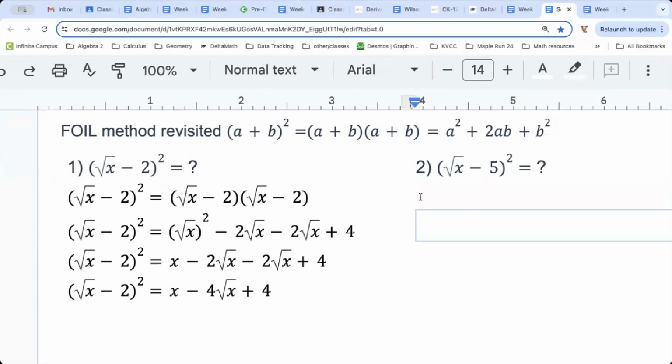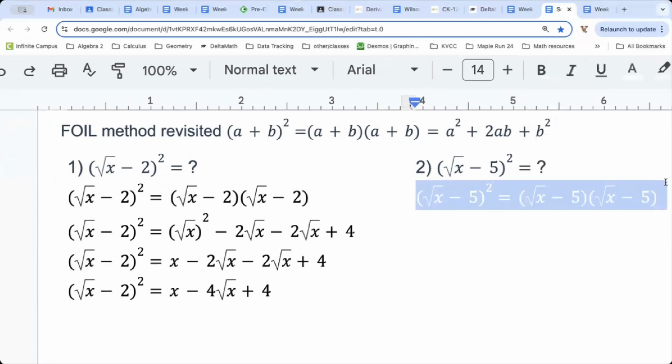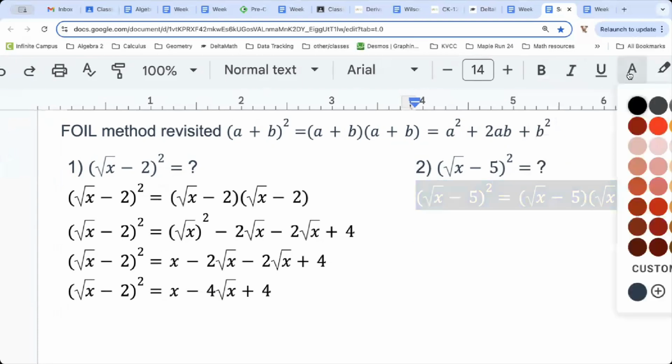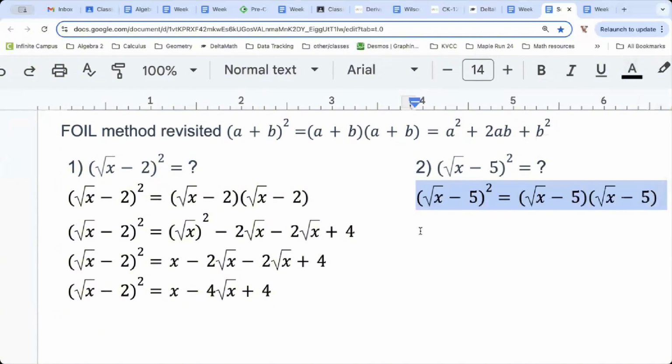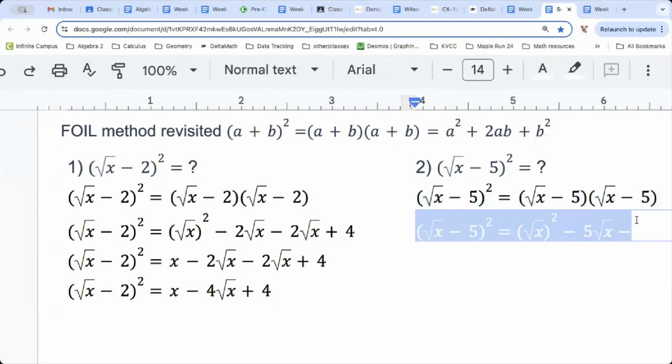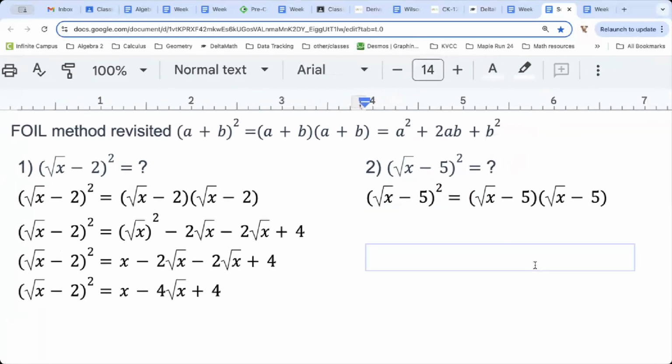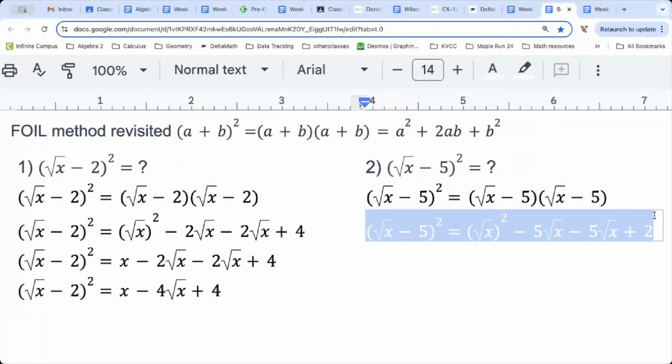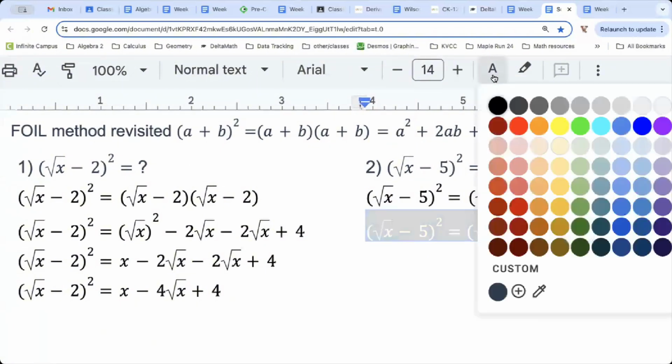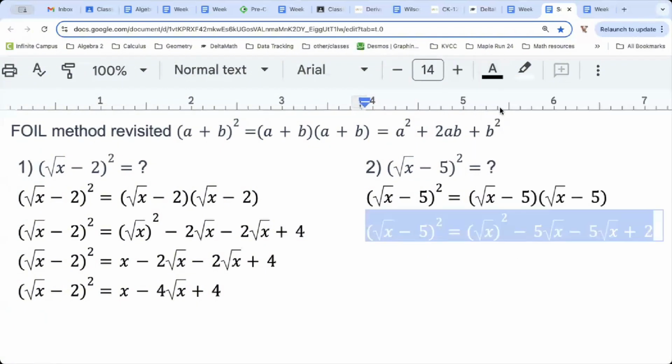Okay, let's see. Now it's coming out. And again, same process. Use the FOIL, just multiply it out. Let me move it a little bit so you can see the whole thing.